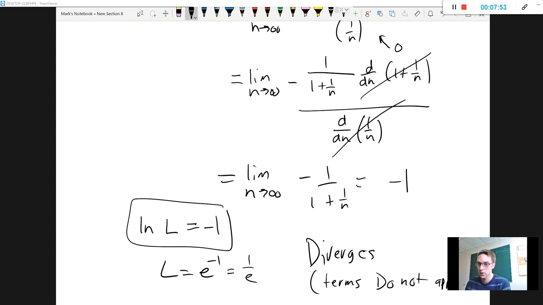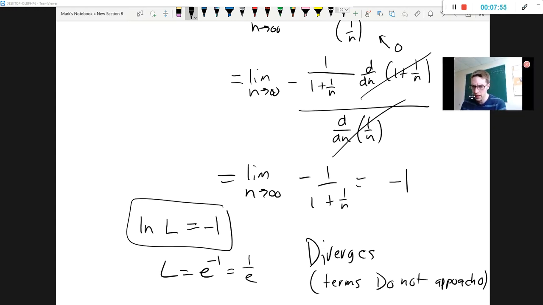Okay? So sometimes you're going to apply the ratio test or the root test and get 1. And in that case, you're going to have to go with another test. The nth term test is often a good candidate for that, or sometimes an integral test or p-series would be worth considering at that point.